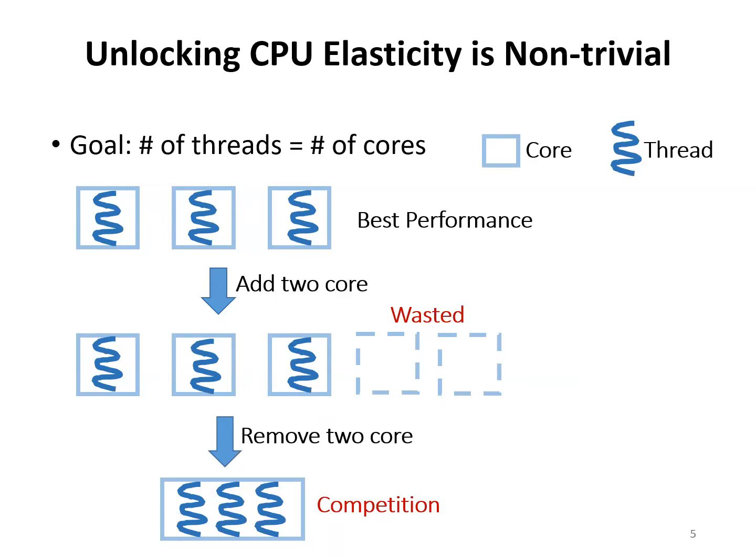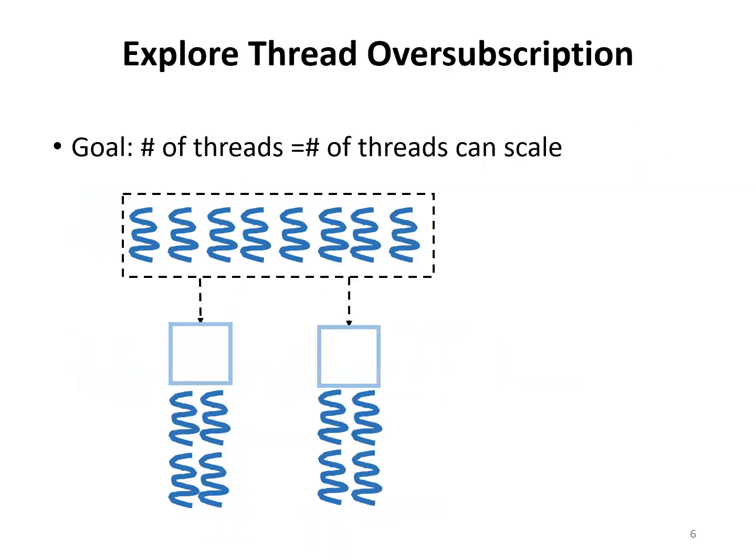For example, when the number of CPUs scales up, the applications will waste the additional CPU resources because of the lack of enough threads. And when the number of CPUs scales down, maintaining more threads than CPUs is believed to incur a large overhead. In our work, we explore thread oversubscription as a general approach to exploit CPU elasticity.